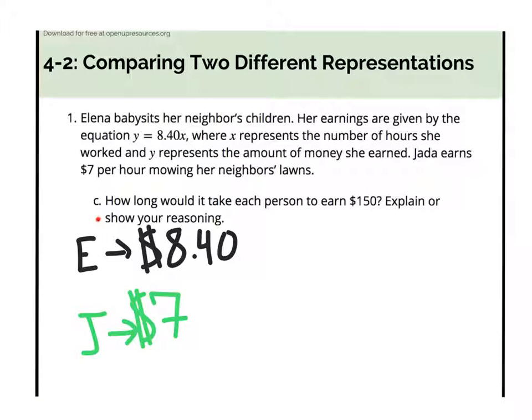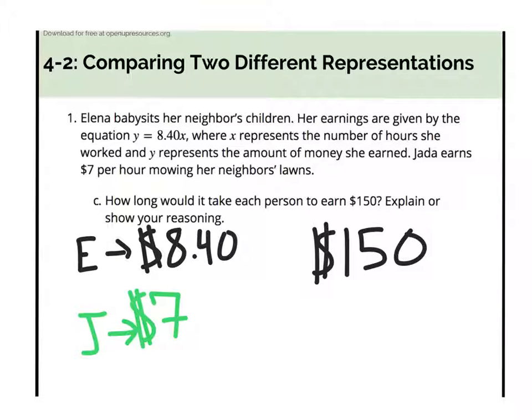For question C, it says, how long would it take each person to earn $150? Explain or show your reasoning. Well, we know that Elena's rate is $8.40. If we want to earn $150 total, we want to know how many hours it would take. If we take this 150 and divide it by $8.40, that's going to give us the number of hours.